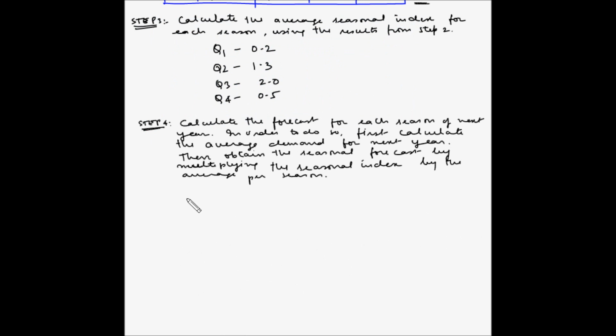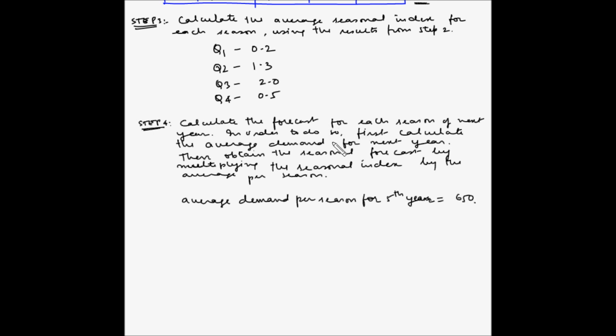So let's note that down. So average demand per season for 5th year is equal to 650.